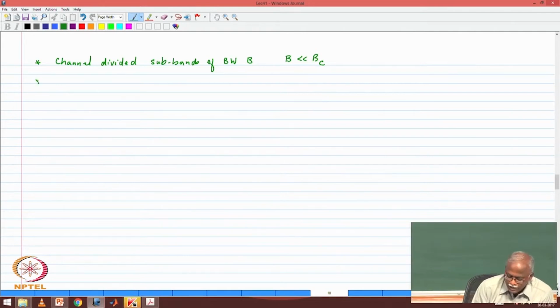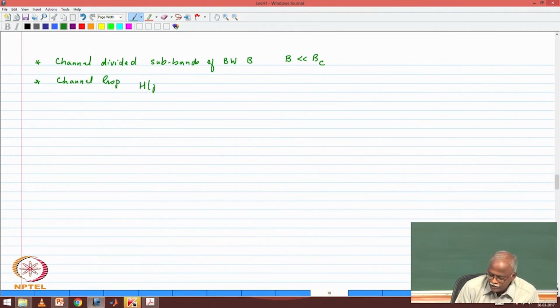Okay. For each of these subbands, the corresponding channel response, H of j omega, I'm going to call this Hj. J is the index of the subband, and it is the same for the entire subband.